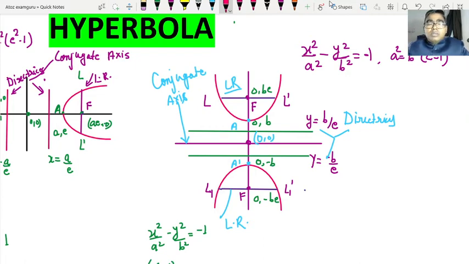So the difference between this and the previous hyperbola equation, you have to keep in mind, is that there it is plus 1, here it is minus 1. So during the formation of the conjugate hyperbola equation, or during the solution of the equation, you have to keep in mind that you do not commit this sign mistake, otherwise your whole effort will go to null and void.